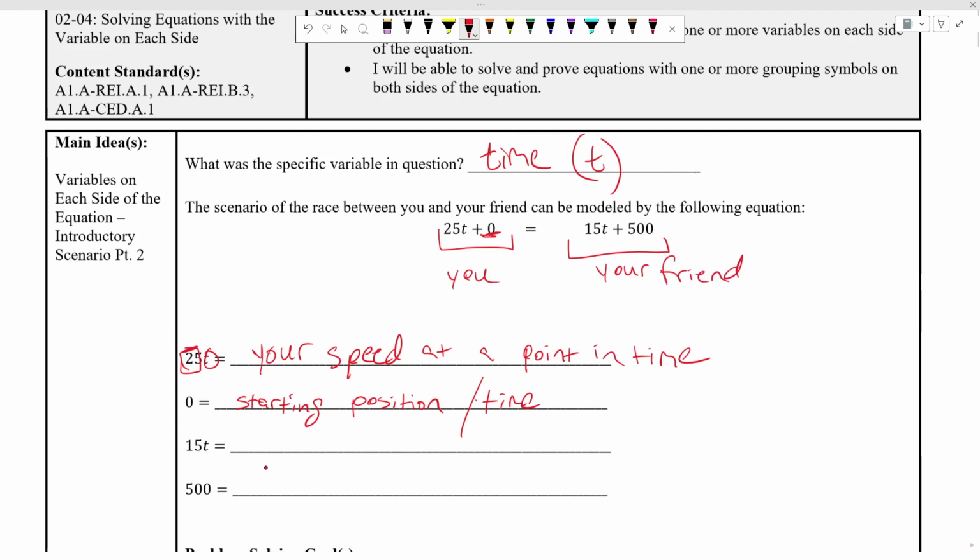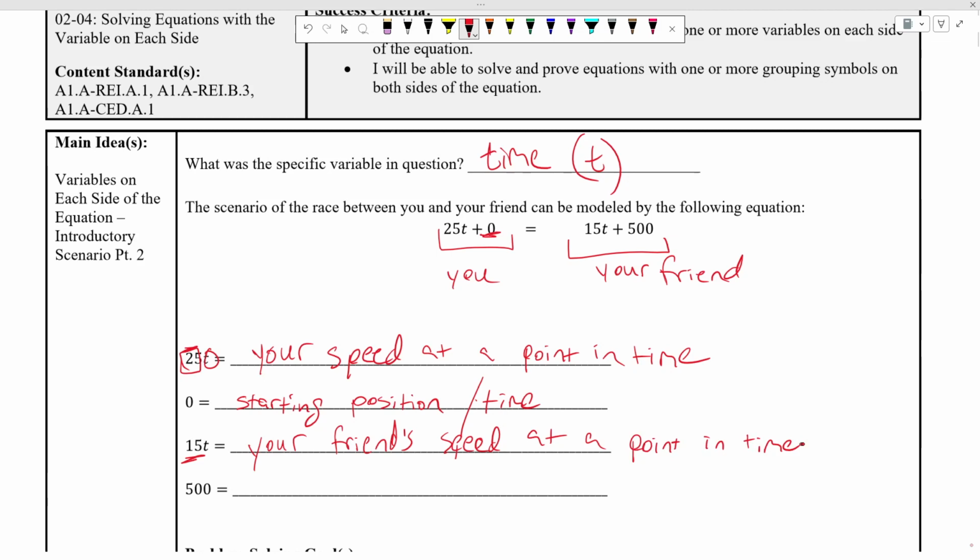And let's see here. Okay, wonderful. If that's your friend, and he was the slower one, this 15 here should be your friend's speed at a point in time.